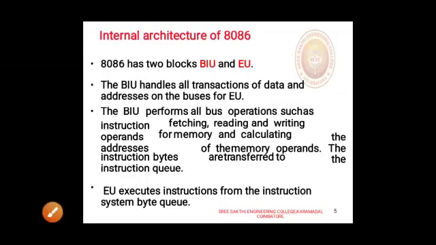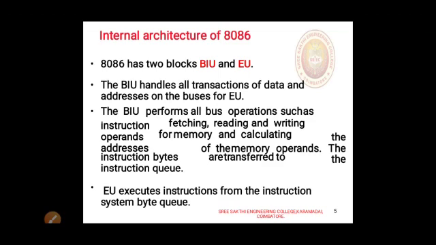The 8086 has two functional units, BIU and EU. BIU is the bus interface unit. EU is the execution unit. BIU sends the data and address to the execution unit through the bus. BIU performs all the bus operations such as fetching, reading and writing.